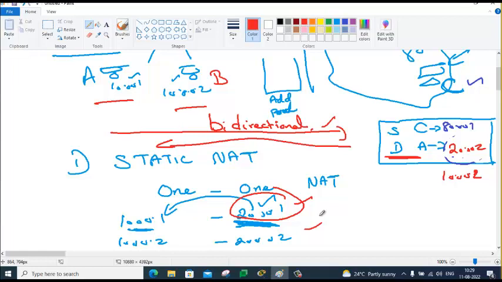That is why static NAT is used only for important services that you want to share from inside to outside. So, for example, you are launching a web server, meaning you have a big computer, a web server, where you have hosted a web page, and you want people from outside to use your web page.